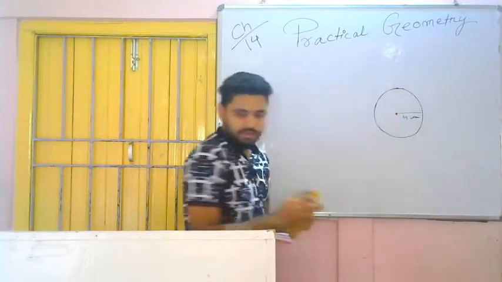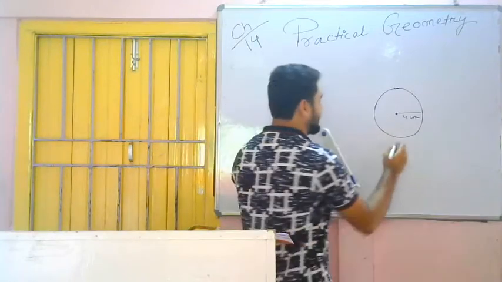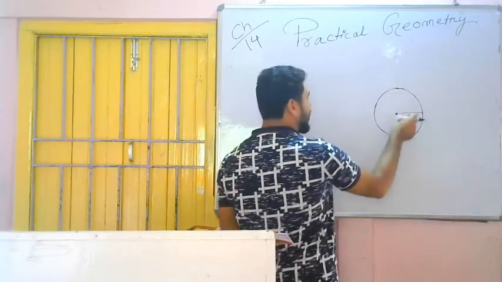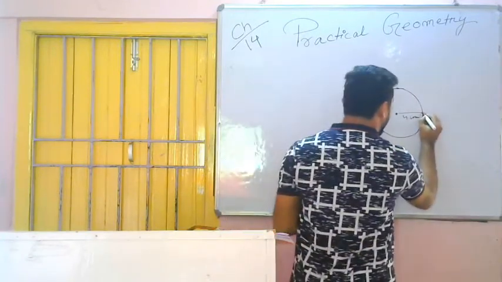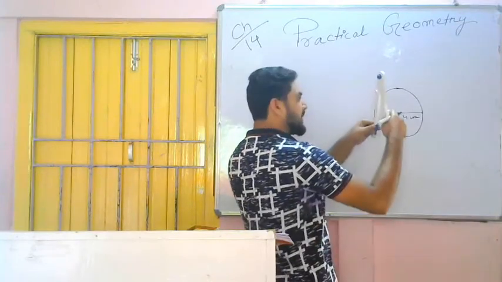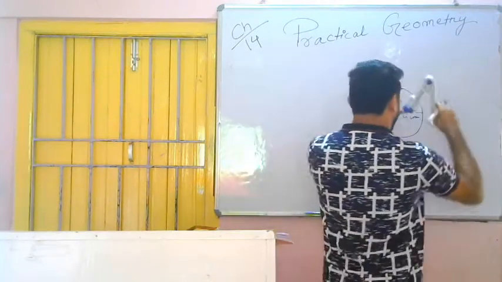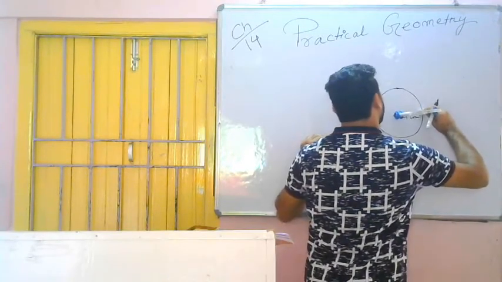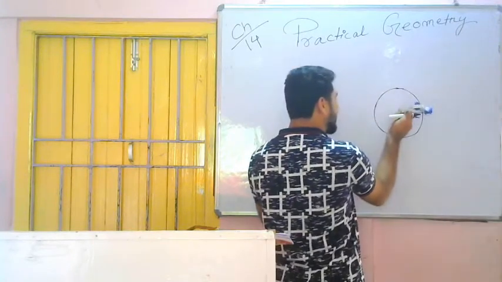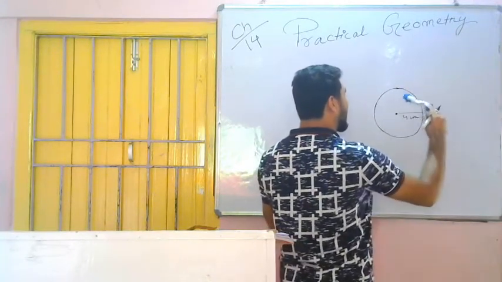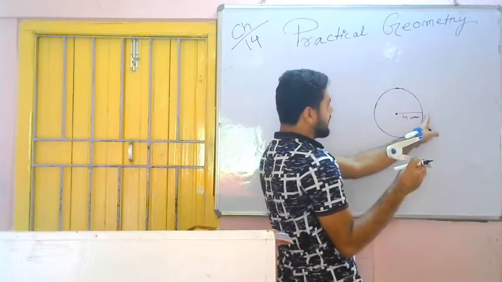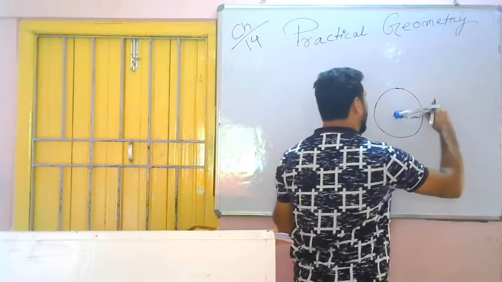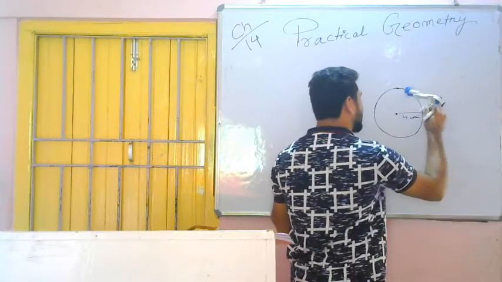Again, after drawing this, you place your compass here at the circumference of this circle what you have drawn, keeping the radius same. You don't change the radius. That means the radius should be what? Same. Now you change the center. That means earlier the center was here. Now you take the center where the radius and the circumference intersect. Again you draw another circle.